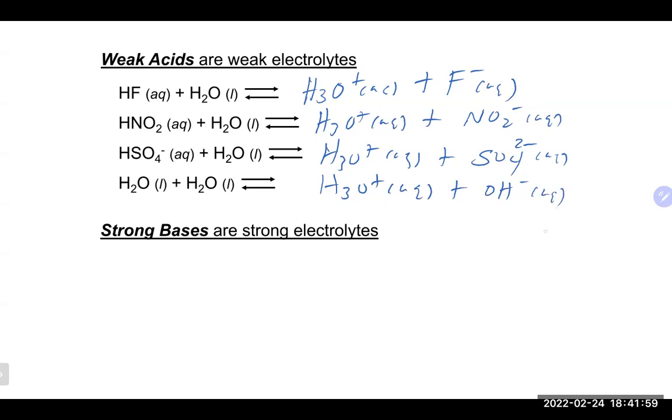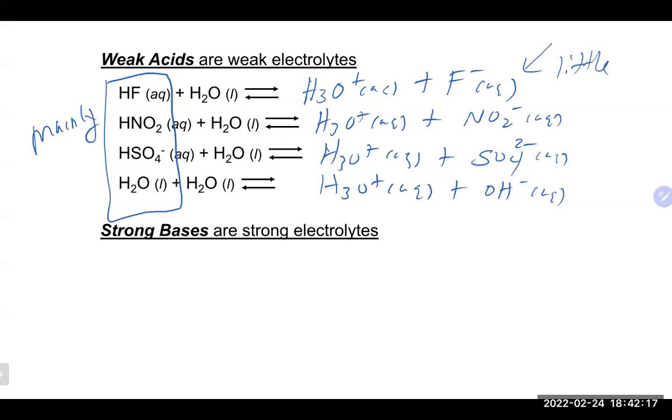Different here, these are weak electrolytes, which means when you have a solution of these, this is mainly what you got going on, and you have a little of these guys basically in solution. That is the difference between a weak acid and a strong acid.